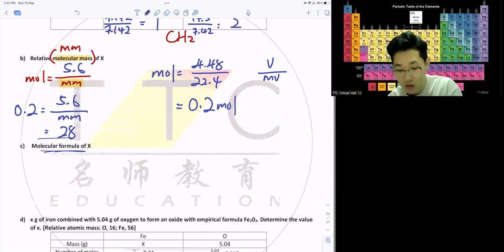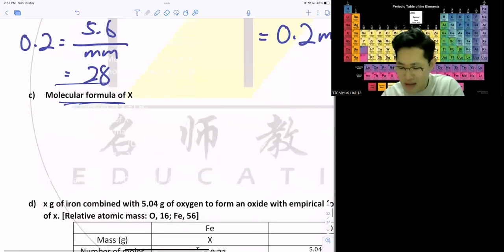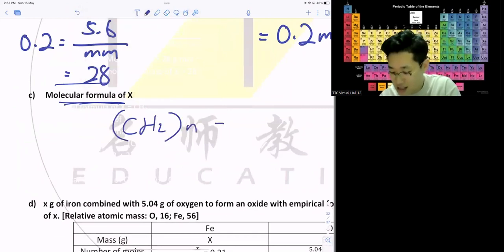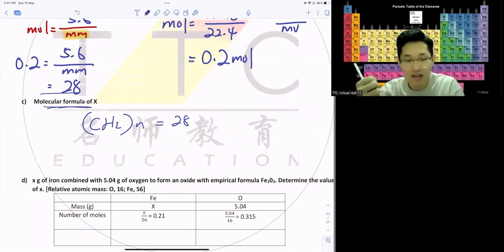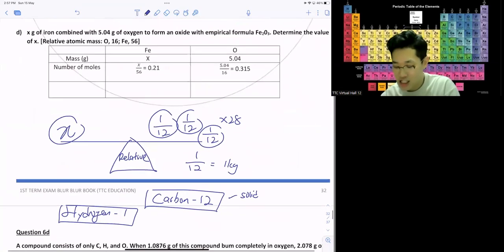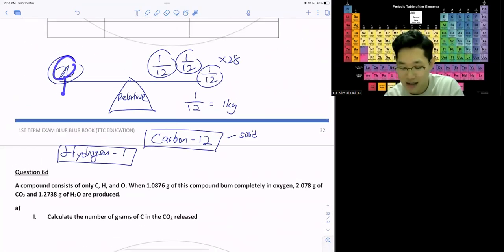Now they want you to find the molecular formula. How to find the molecular formula? CH2 times n equals 28. When they write molar mass, it is not comparing to the carbon. That is the result after comparing to carbon already, they use it. It is like just now, I said my mass is 3 times heavier than Jung Hao, right? Because I use 3 pieces of Jung Hao.